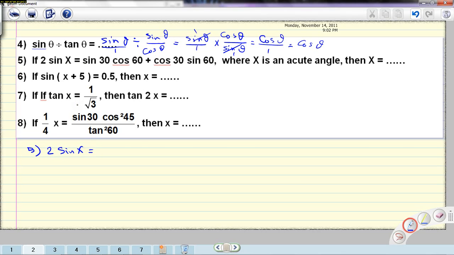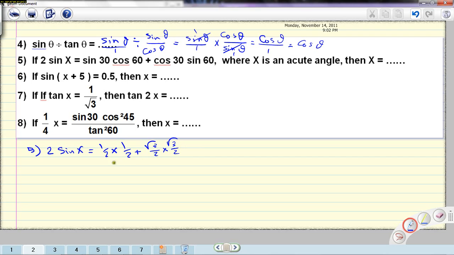Now I'm gonna use my calculator to get sine 30 and cosine 60. Sine 30 is half, multiplied by cosine 60, which is half, plus cosine 30, which is root 3 over 2, multiplied by sine 60, which is root 3 over 2.